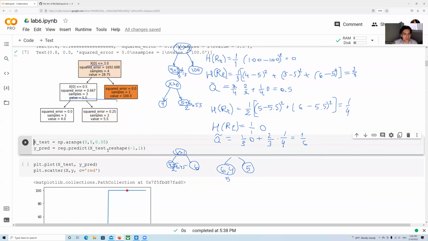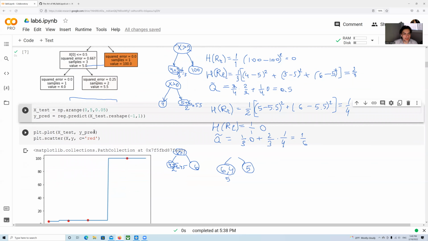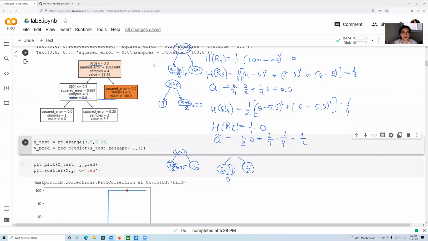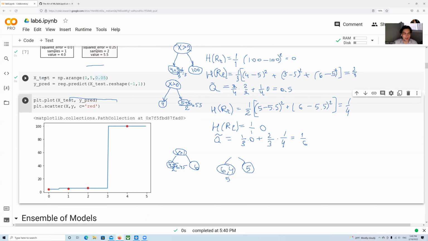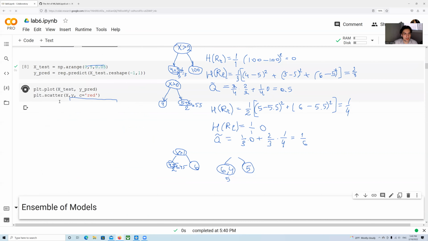So let's try to visualize this result. I created the array of numbers from 0 to 5 just to plot the continuous function. And let's plot our predictions and our data.